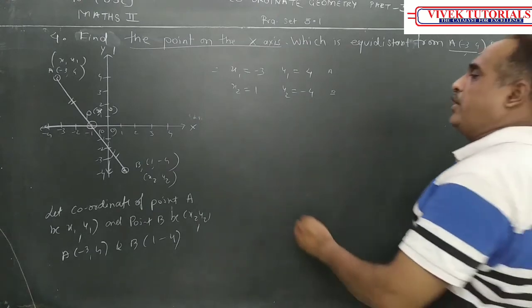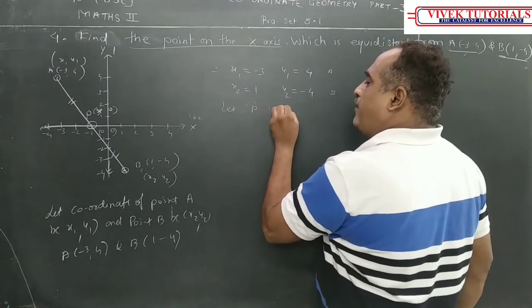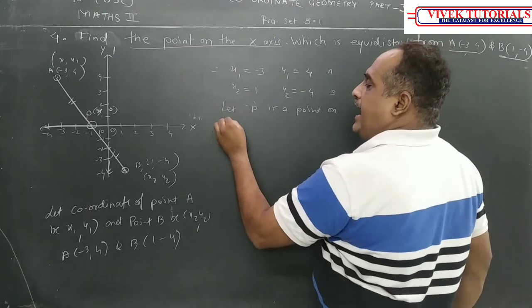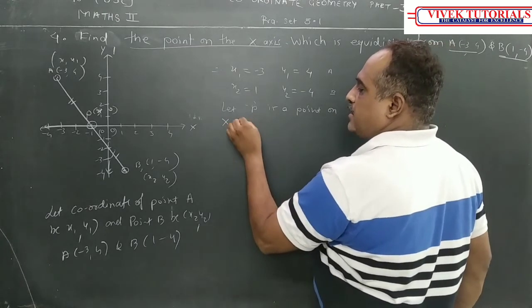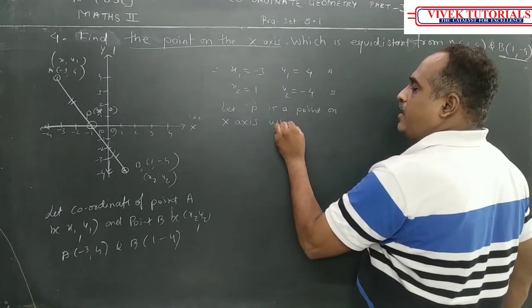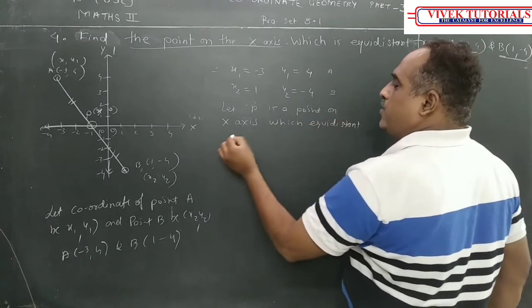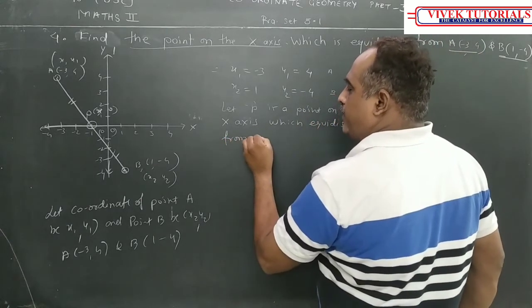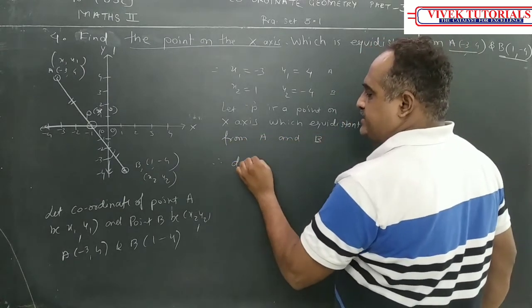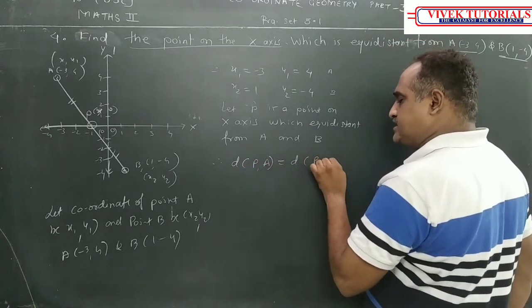Now what I am going to do, let P be a point on the x-axis which is equidistant from A and B. Therefore, distance PA is equal to distance PB.